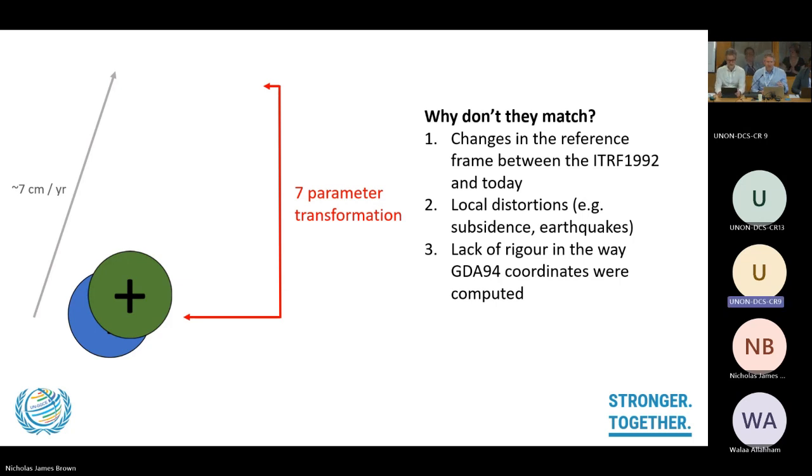And you don't get an exact match on all your points because there are these localized distortions, whether it be subsidence, earthquakes, or it could be the way that the GDA94 information was collected and analyzed. So you're dealing with issues in your old datum and errors in your old datum as well.